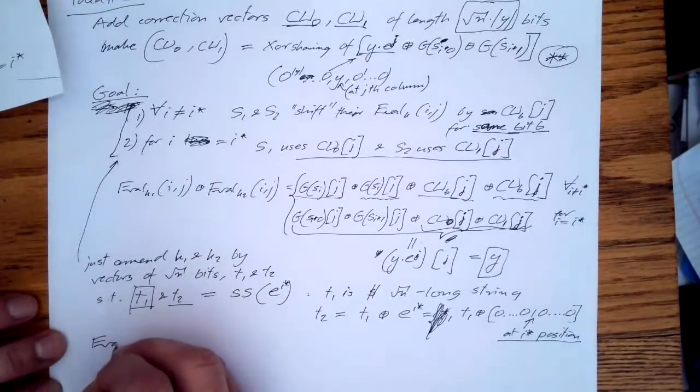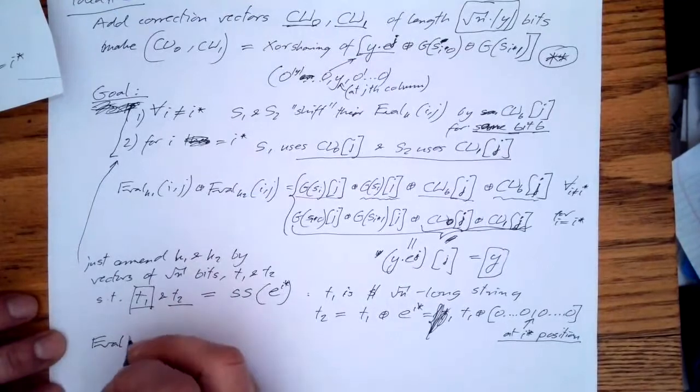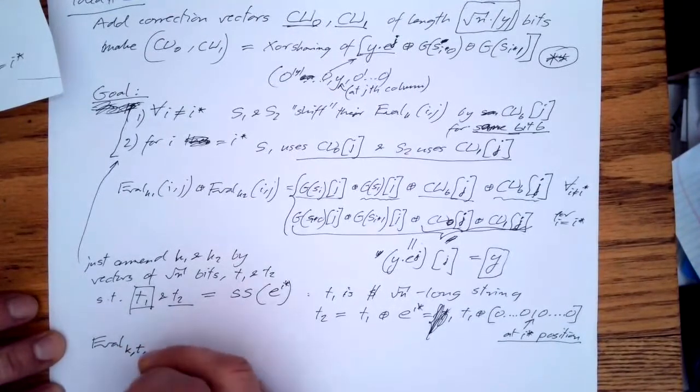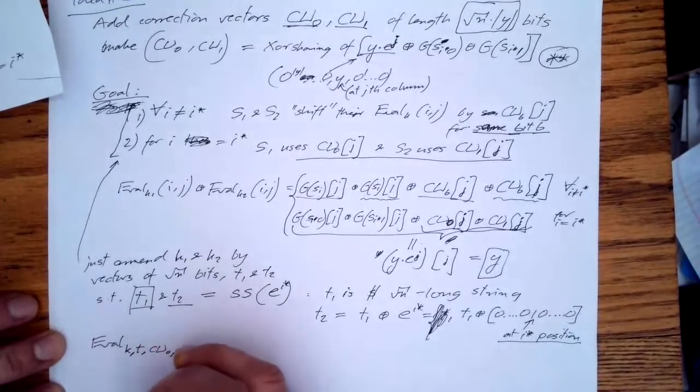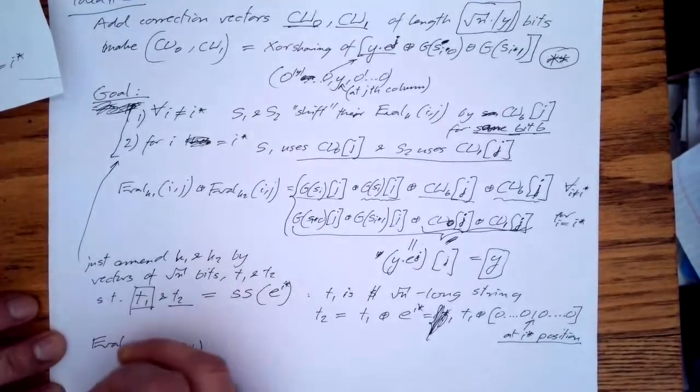Eval using k and this vector t and the vector CW0 and the vector CW1.